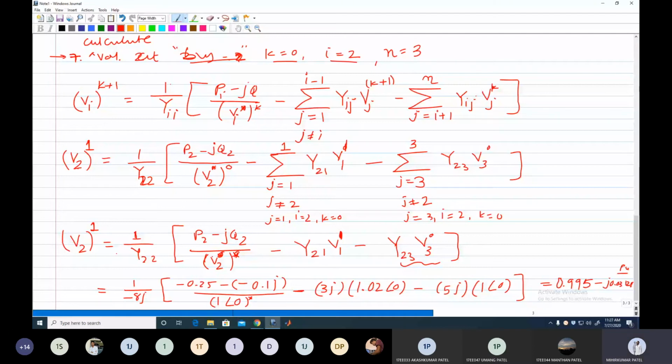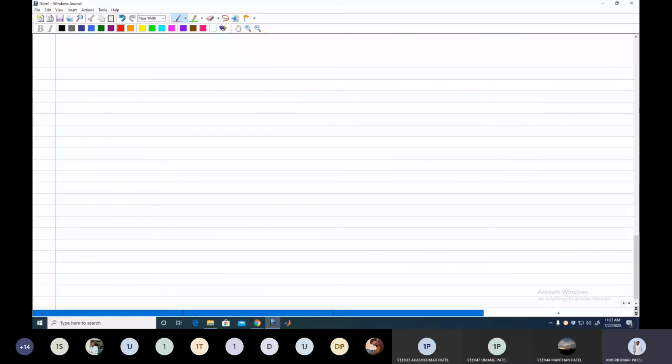What is step number 8? Next step. Step number 8: calculate the change in voltage. We have to calculate the change in bus voltage, which you have already calculated in step number 7.